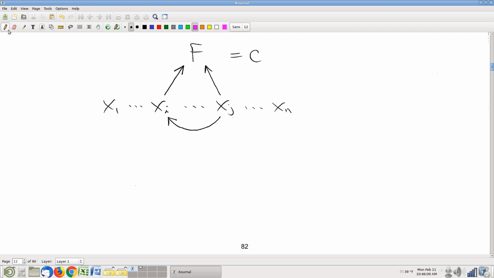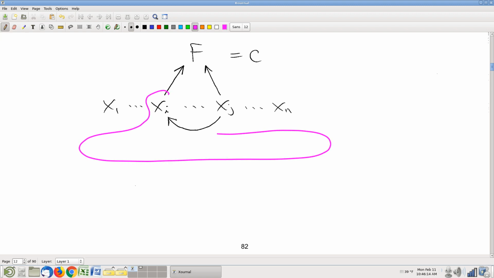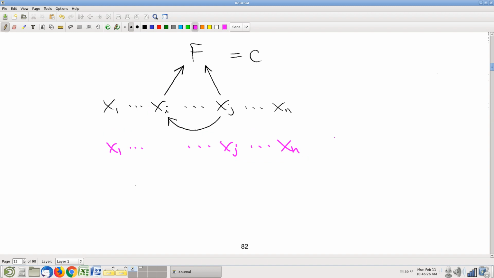Okay, so, ignoring the algebra, going back down to our diagram, I would like to view xi as a function of the other variables, and I'm just going to recopy them down here. Let's ignore this little arrow here; we'll come back to that.